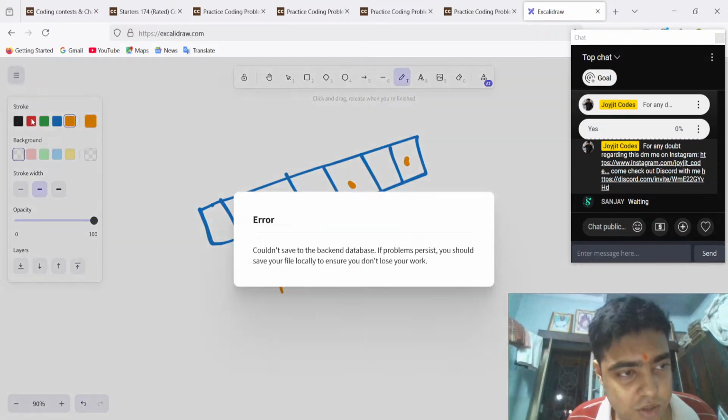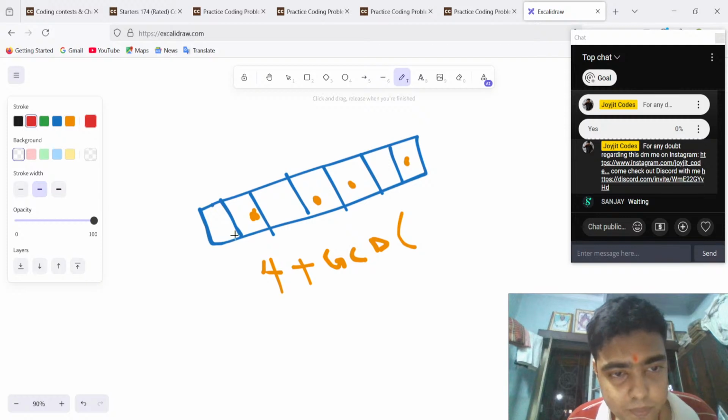I'll just use different colors. So let's say this is red, this is green, this is black, and the last one is blue. Okay, so what is the GCD?